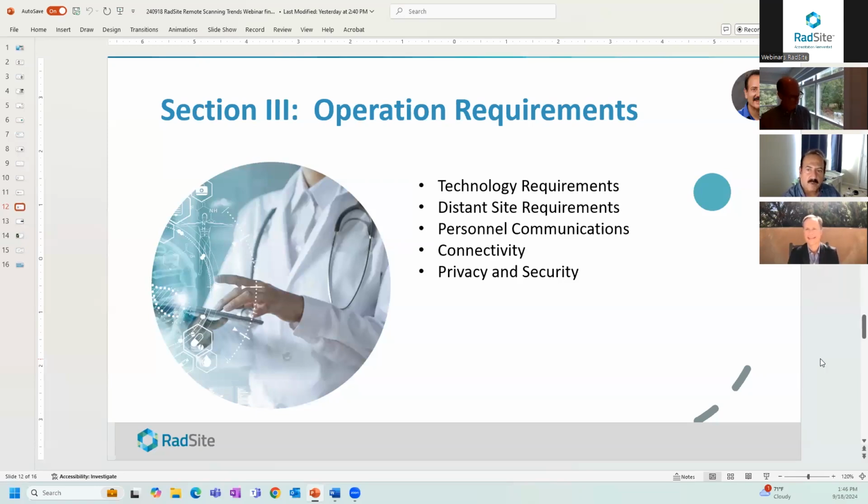There's requirements for communication with personnel, and that it needs to be open and contemporaneous during the entire scan. Requirements related to connectivity, which must be maintained during the course of the study, and backups and what to do in case that connectivity is interrupted.